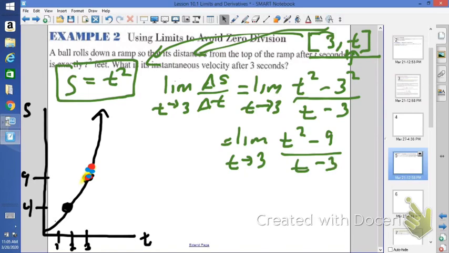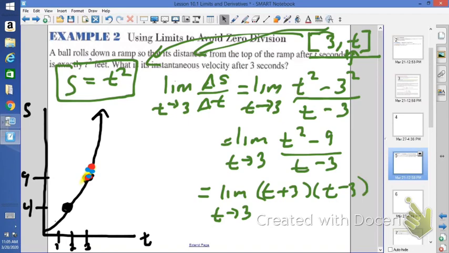I notice the t squared minus 9 is a difference of squares, so that can be factored as t plus 3 times t minus 3, all over t minus 3. The t minus 3's now cancel, so I'm left with the limit as t approaches 3 of t plus 3.